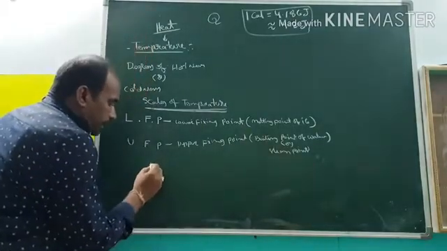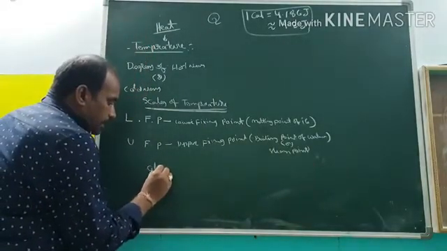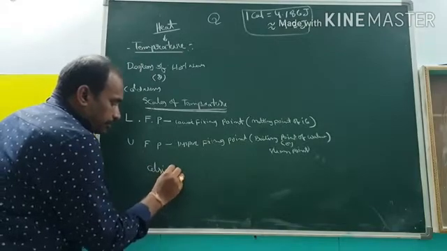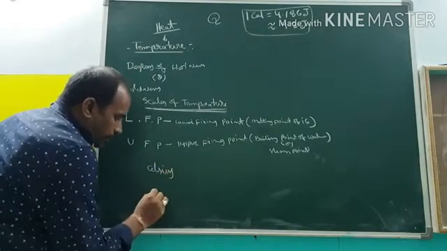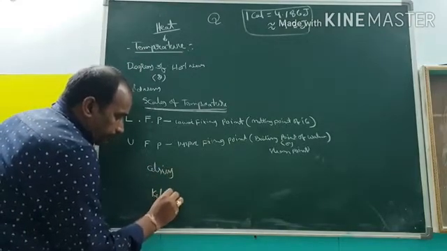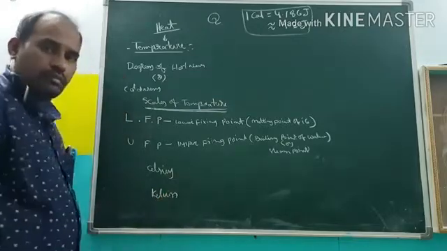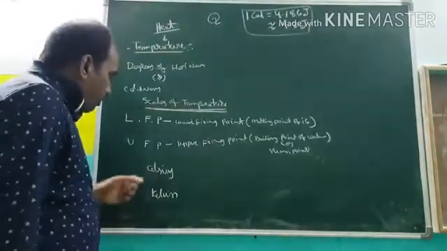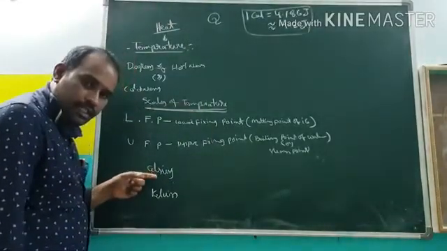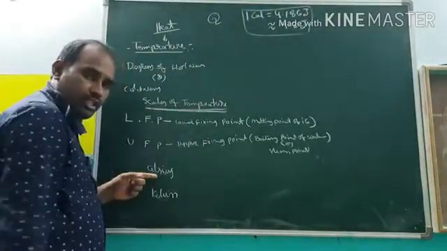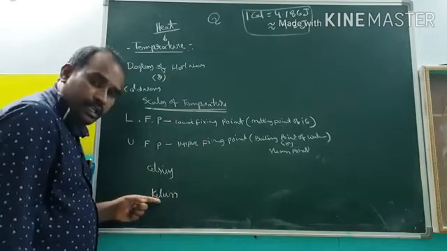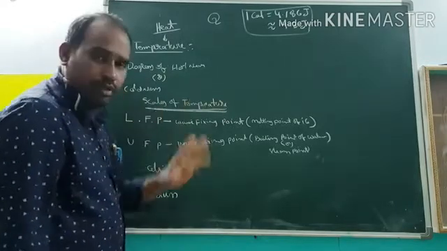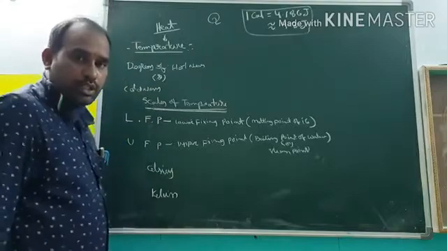First one is Celsius. Second one is Kelvin. So how many scales of temperature are there mainly? 2. One is the Celsius scale of temperature. Second one is the Kelvin scale of temperature. 2 scales of temperature are there.